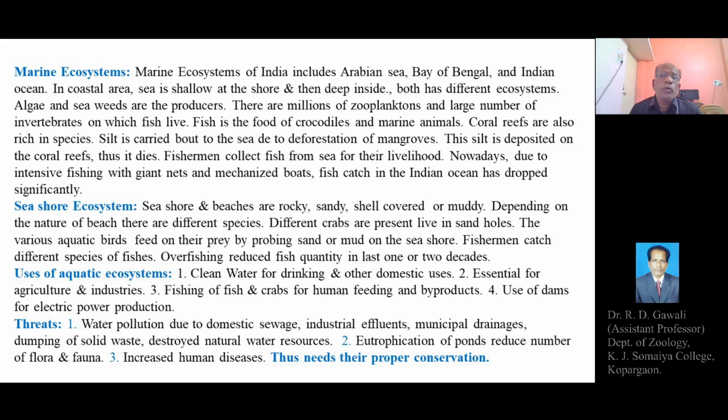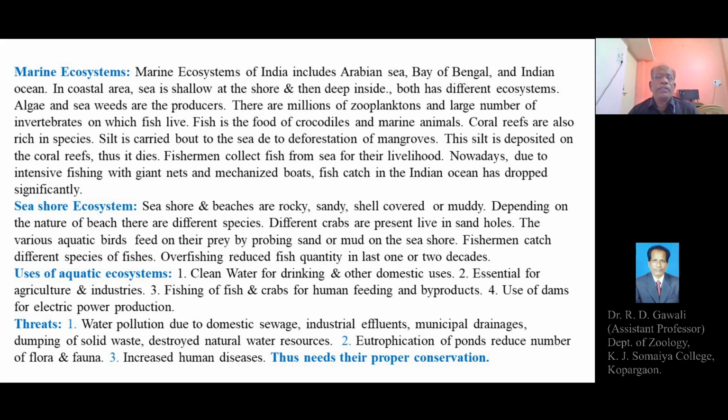And due to overfishing, the fish quantity has reduced in the last 1 or 2 decades. So the reduction in the quantity of fish in the sea water is due to overfishing in the last 1 or 2 decades. Then, use of aquatic ecosystems.